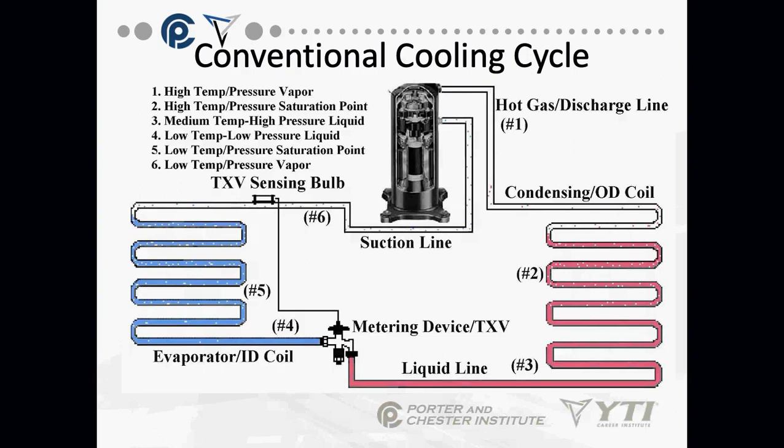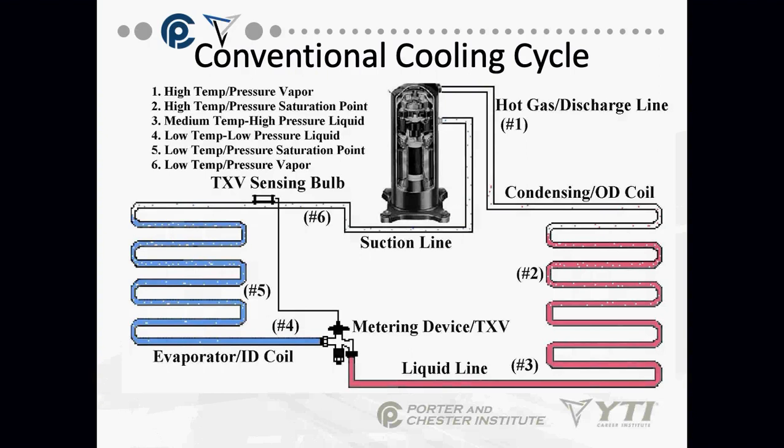So in a conventional cooling cycle, this is traditional air conditioning. This is the same refrigeration cycle we've been working with since day one of last course. High temperature, high pressure vapor comes out of the compressor, goes through the condensing coil, desuperheats, condenses, subcools. We're in the liquid line as a liquid.